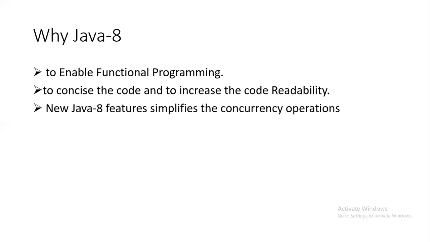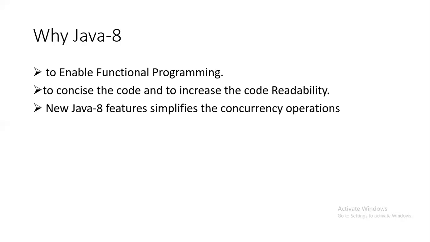Afterwards, new Java 8 features simplify concurrency operations. Here, concurrency means multiple tasks. By using Java 8, you can enable parallel processing. For example, a single thread is doing multiple operations, and we are processing multiple records.